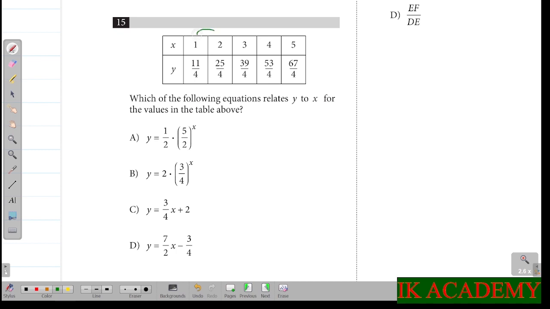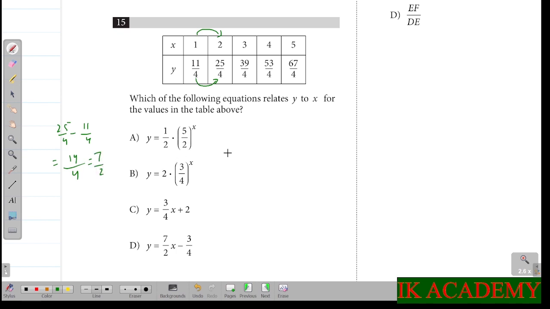So if x increases by 1, how much is y going to increase? So we can subtract the first value of y from the second value. Let me see how much change is occurring in y. So 25 by 4 minus 11 by 4, which is equal to 14 by 4, is equal to 7 by 2.